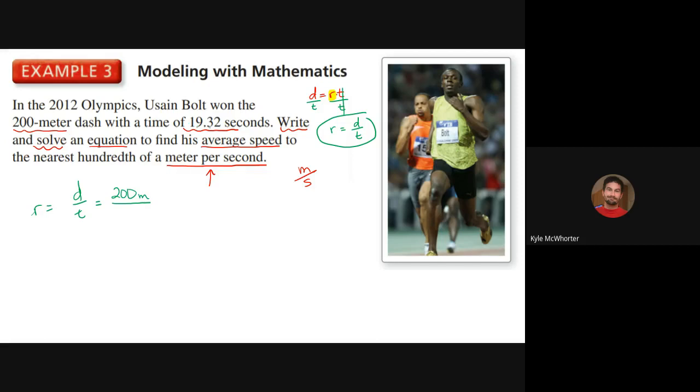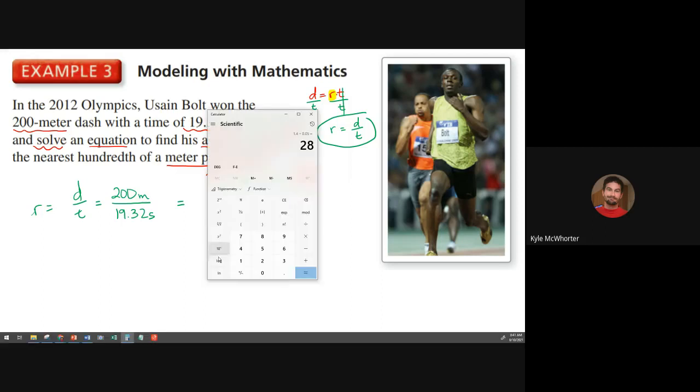Time was 19.32 seconds. Then we're going to have our calculator help us again. 200 divided by 19.32.